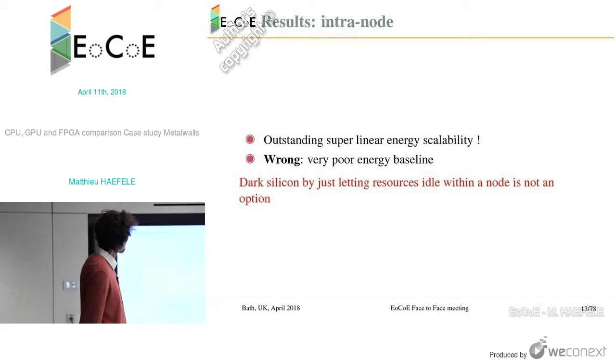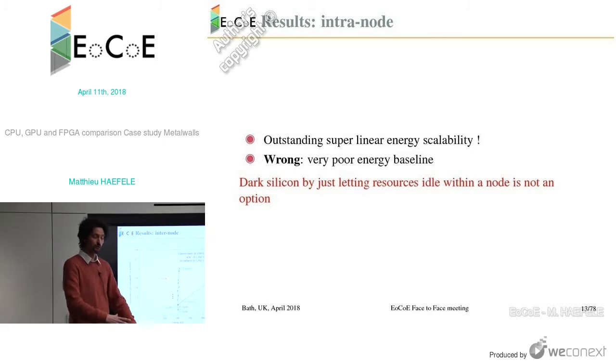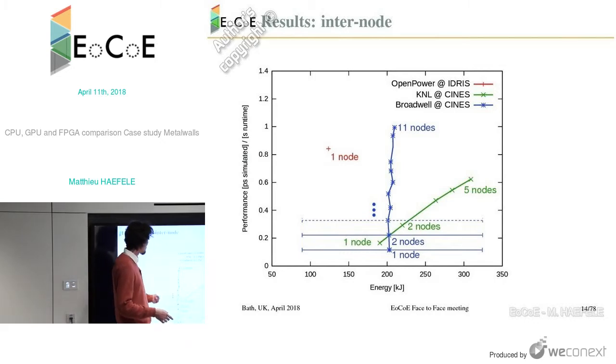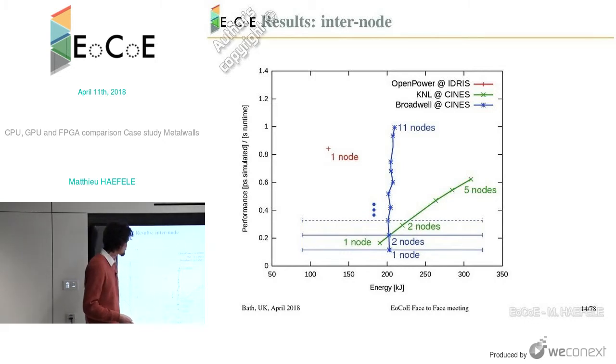Now looking at inter-node, so now if you're using full nodes but several of them, how does it behave? Again, sorry, Broadwell energy measurements are wrong. Still, the performance is okay.